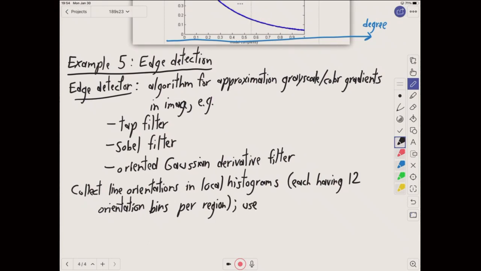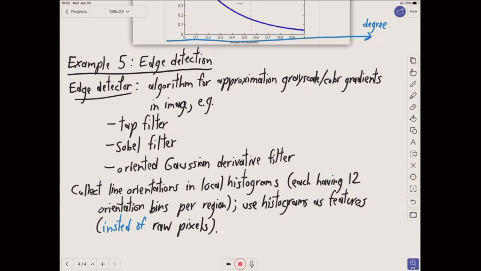And then, once you've made up those histograms, you actually input them to your support vector machine as features. And in the example I'm about to show you, the researchers did this not in addition to the raw pixels, but instead of the raw pixels. They didn't even bother giving the pixels of the image to the algorithm. They just gave the edge detector histograms.